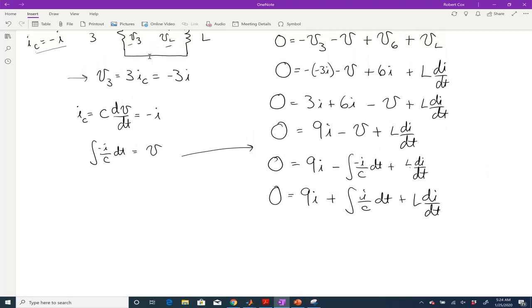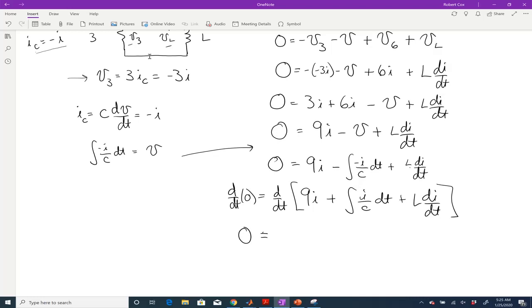That's a differential equation, but we can't have that integral in there. So what we do is we take the derivative of both sides. So we take d/dt of 0, and that's equal to d/dt of this whole thing. The derivative of 0 is 0, obviously.